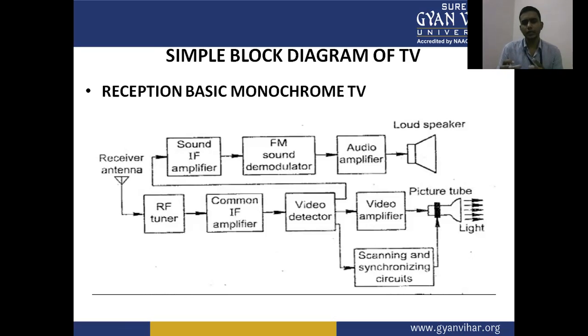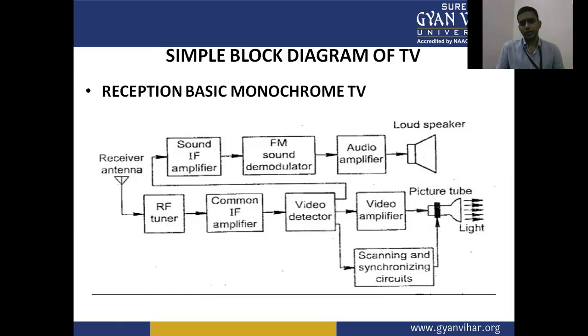Between the picture tube and video detector, we have the scanning and synchronizing circuits. The picture tube is a device which converts the electrical signal into the scene. It develops a scene on the phosphor screen.